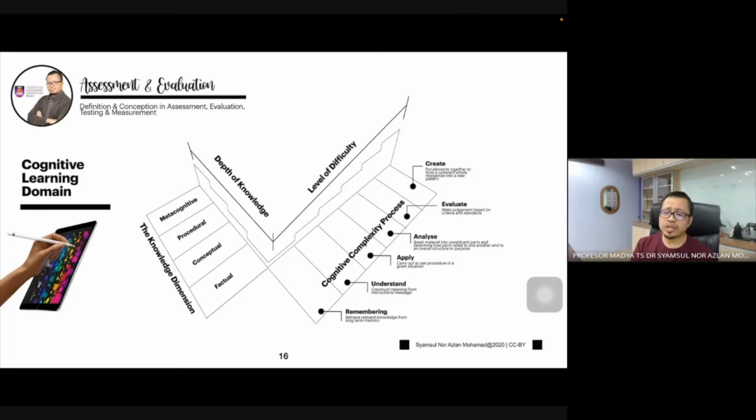So this is very important for us to understand cognitive learning, not only limited to the complexity. On how to design good questions, on how to design a very good task for the students, we need to consider all of these knowledge dimensions.